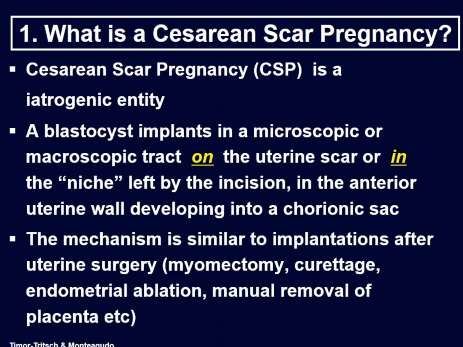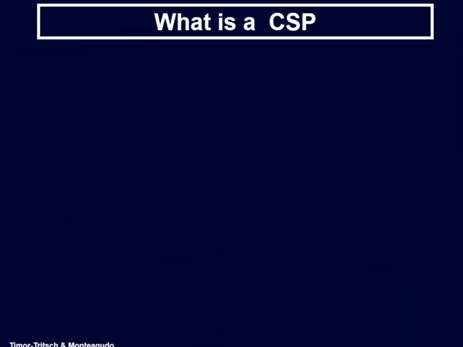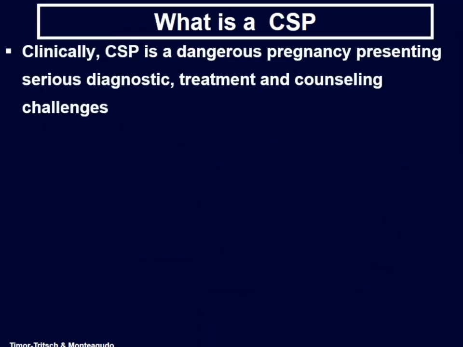The mechanism is similar to the implantation after uterine surgery, myomectomy, curettage, ablation of the endometrium, manual removal of placenta, and many others. It's a dangerous pregnancy, presenting serious diagnostic, treatment and counseling challenges.